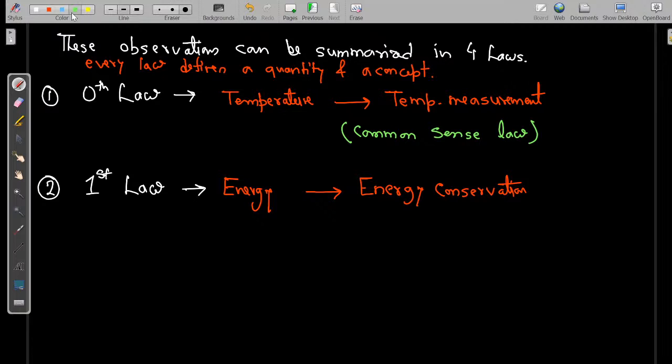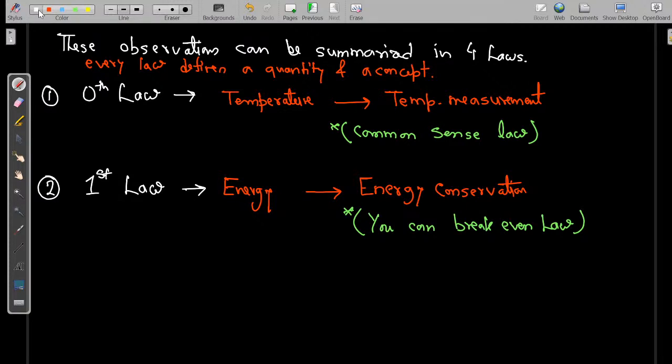In other words, like here, I can say common sense law. According to the first law, it says you can break even law. This sentence which I am writing in brackets is an informal way of representing the law. Okay, I will explain each and everything. Just let me complete all the laws, then I will explain.